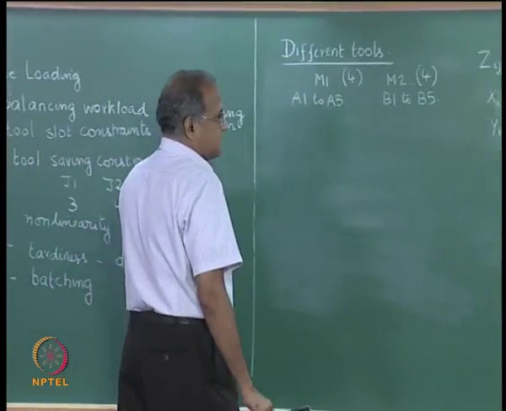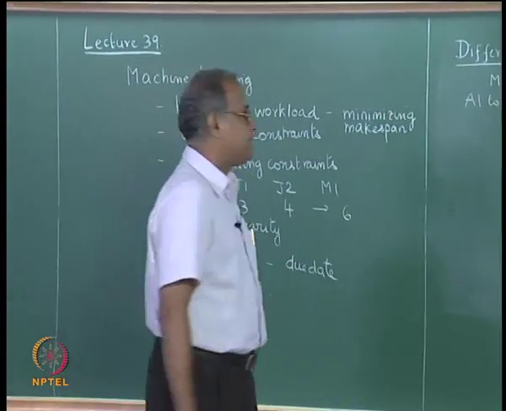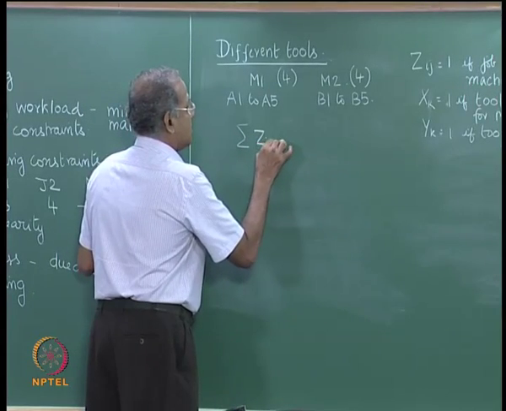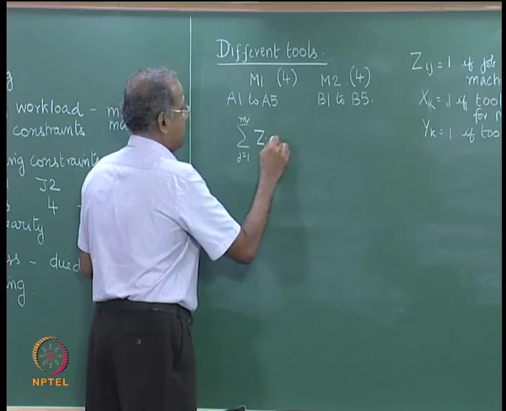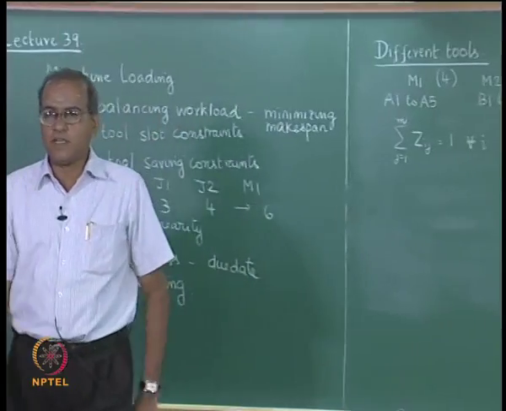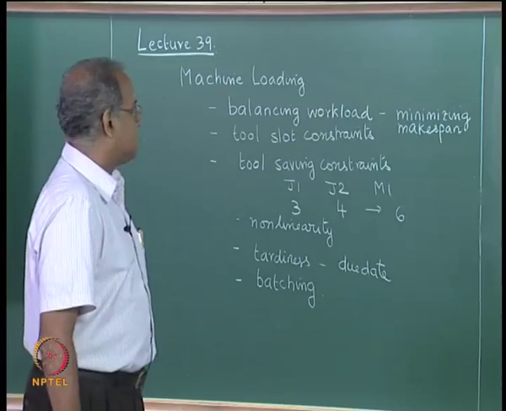So, we have the first constraint that each job is assigned to only one machine. So, sigma Zij, j equal to 1 to m machines, is equal to 1 for every i. For every job, each job is assigned to only one machine.